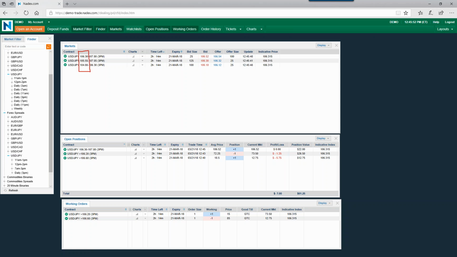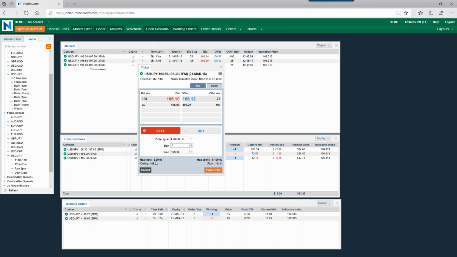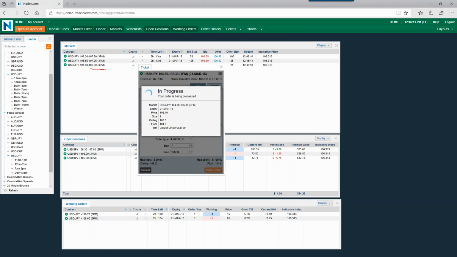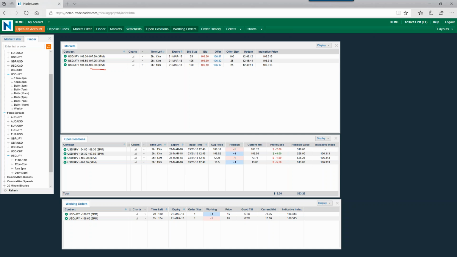Now, which one is the ceiling? The ceiling is always on the right-hand side, okay? So in this case, I want to sell the ceiling, which is a $20 risk, okay? So if I sell this, then I have both a long and a short spread between the two.